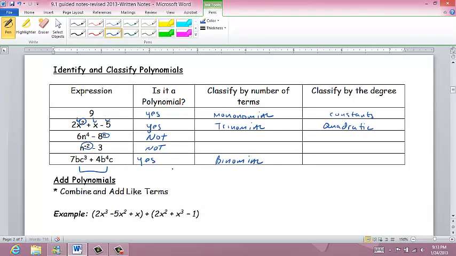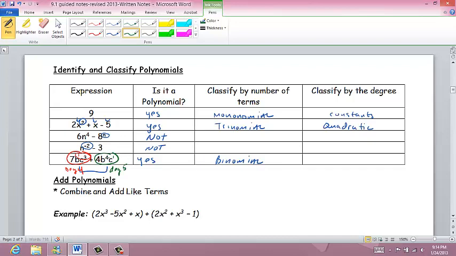And if I look at the degree, well, what is the degree of the first term? Well, the exponent on b is 1. If I add the 1 and the 3, that would be degree 4. And the second term, if I take the exponent on b and the exponent on c, add them together, that would be a degree 5 term.